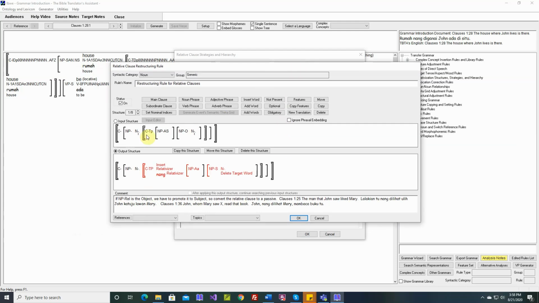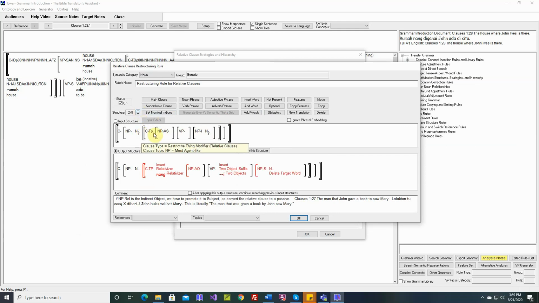So this one is saying if there's a noun modified by a relative clause and NP-rel is an object, then promote that object to subject. This structure is saying if there's a relative clause modifying a noun and NP-rel is an indirect object, promote that indirect object to the subject.